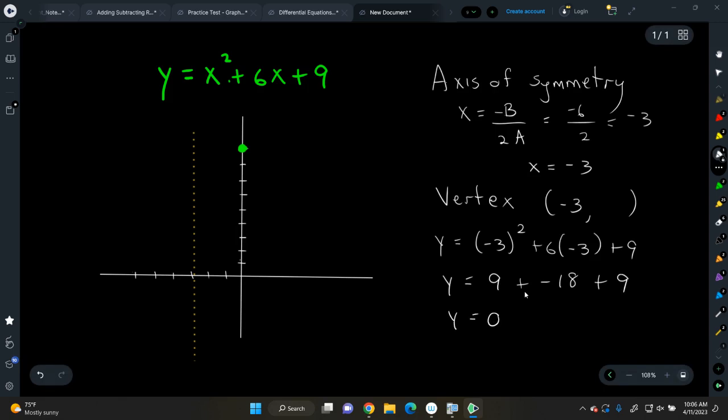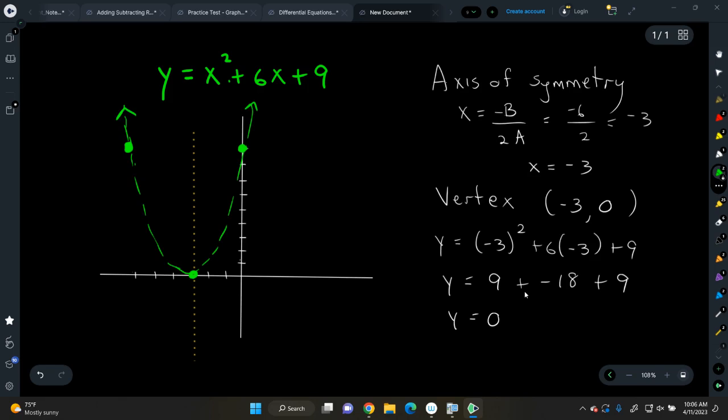That equals 0. So my vertex is negative 3, 0. Right there. Okay, we get the mirror image, right? We fold it over on the dotted line. So here's my matching point right here. And there's my parabola.